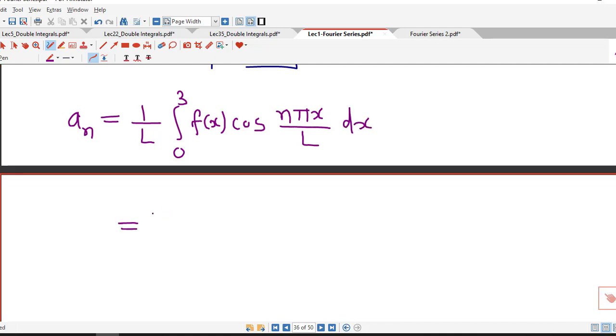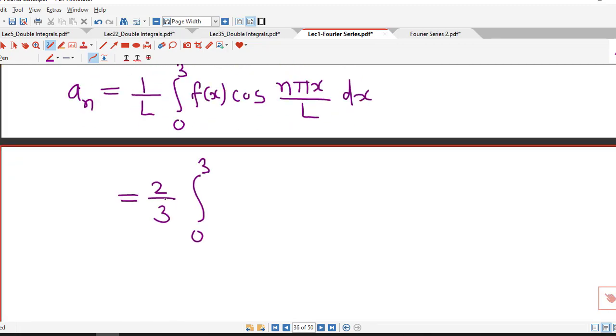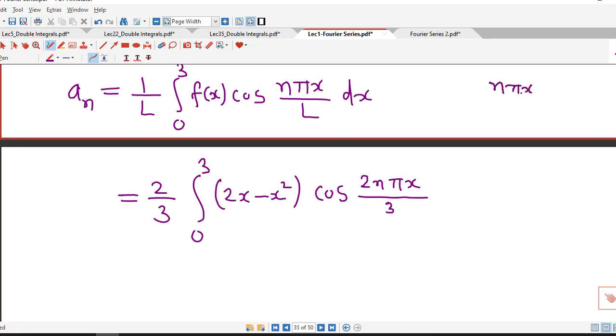L is 3 by 2, so 1 over L is 2 by 3, integral from 0 to 3, f(x) is 2x minus x square, and L is 3 by 2, so it is going to be cos 2n pi x divided by 3. Here we will have n pi x divided by the value of L, so this is going to be 2 by 3 into n pi x, and we integrate with respect to x.